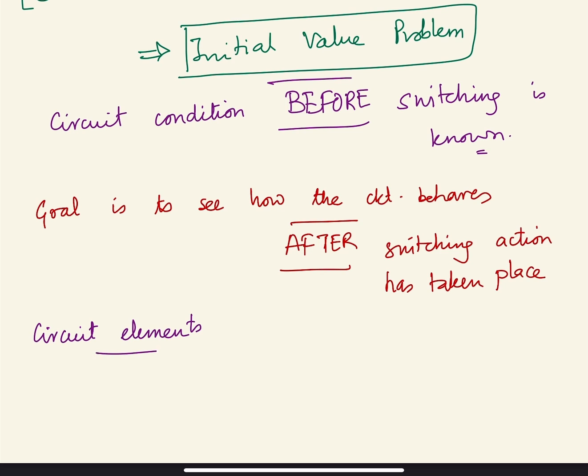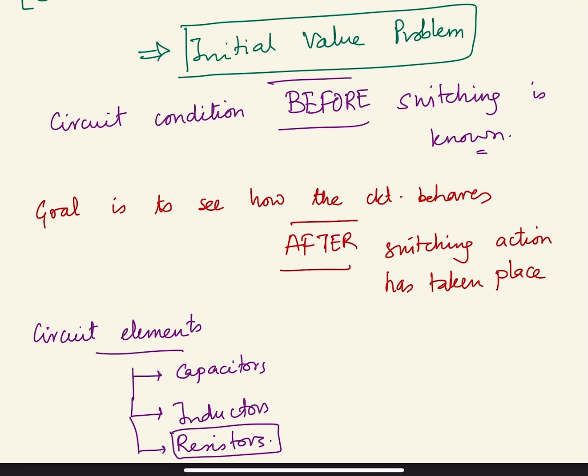Now these circuit elements, they can be capacitors, inductors, and you have the resistors. Now the resistor does not have any derivative or integral term, so it is the same before and after switching, right? So the resistor will behave the same before and after switching.